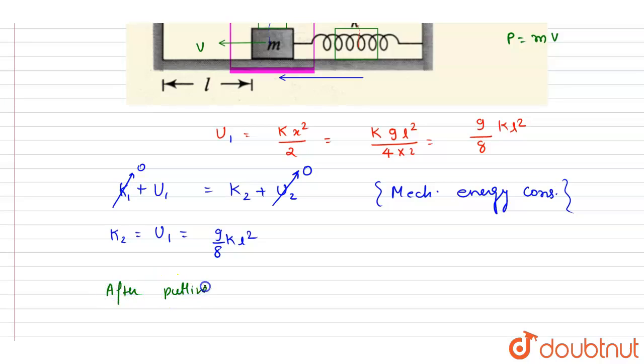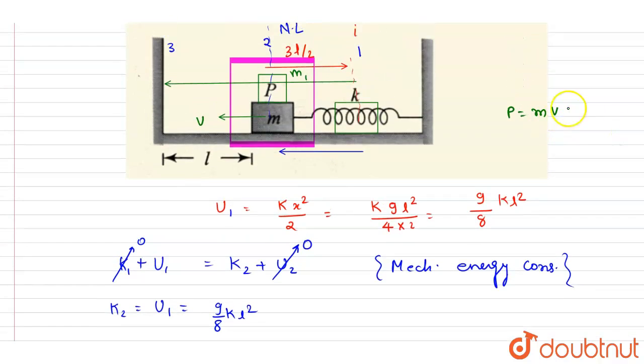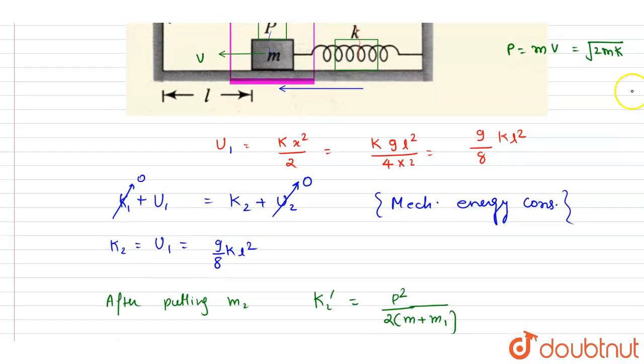After putting m1, the kinetic energy K2 dash will be p squared by 2, but the mass has changed. The mass is now m plus m1. The momentum is nothing but the square root of 2mK, where K is the initial kinetic energy.